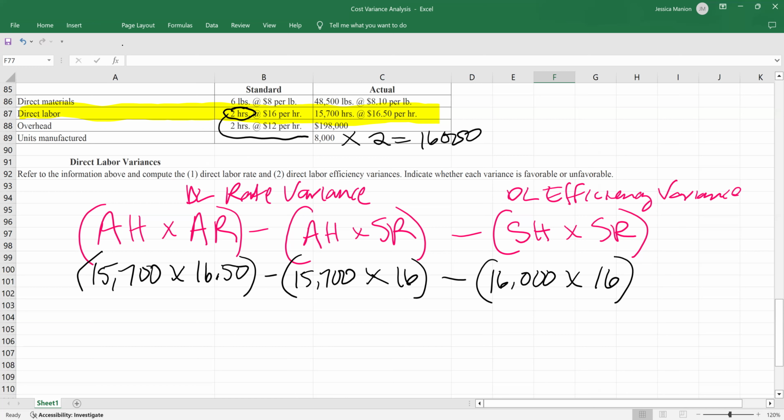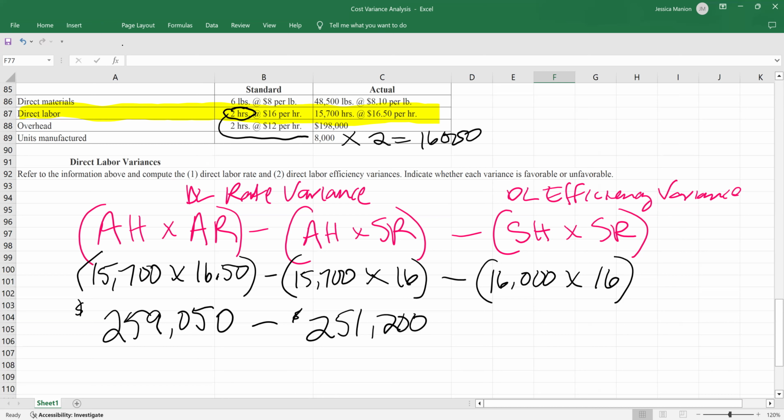So 15,700 times 16.50 is 259,050, actual hours times actual rate. Actual hours times standard rate, we would have gotten 251,200. Obviously, we've got an unfavorable rate variance, right?